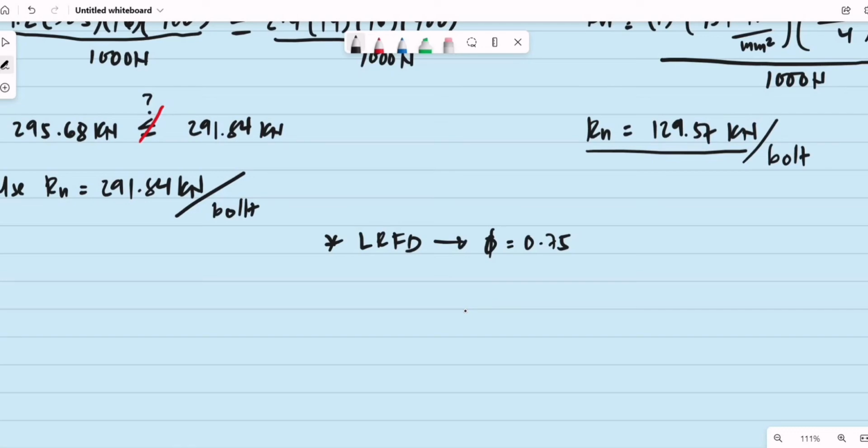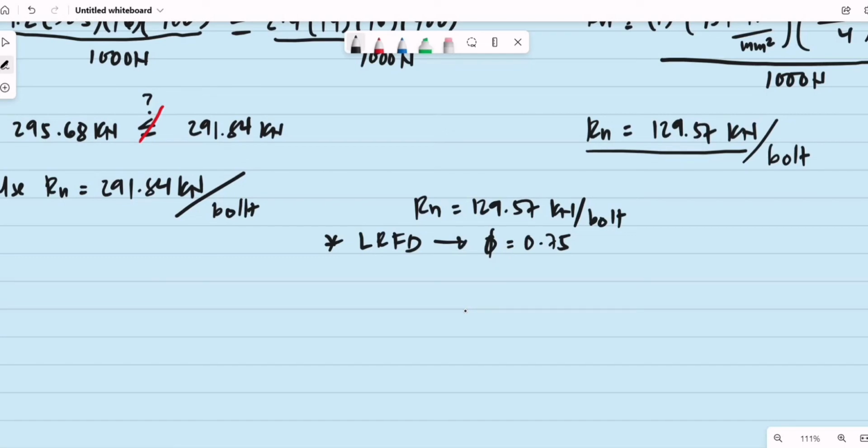Again, the smaller value will control the design. So we are using R sub n equal to 129.57 kilonewtons. This is per bolt.